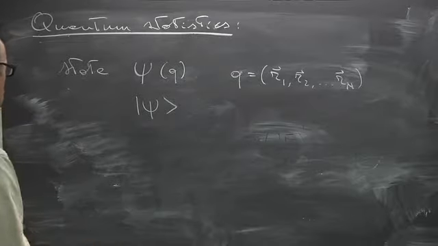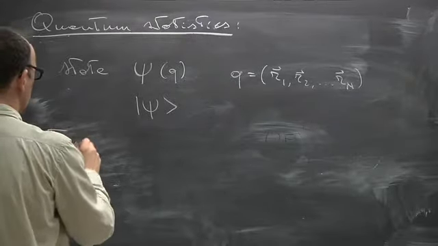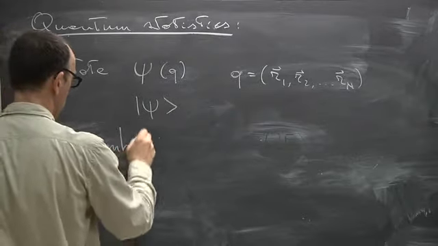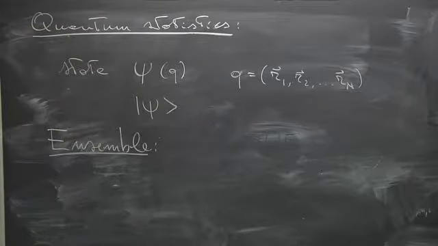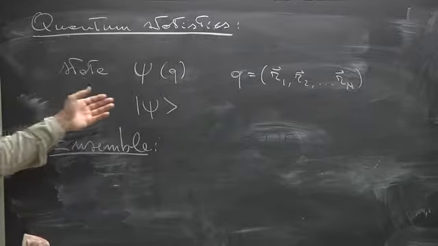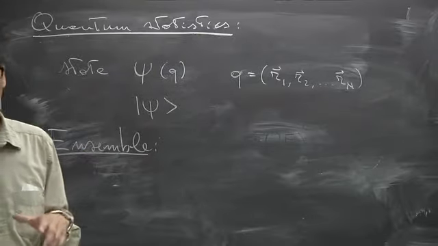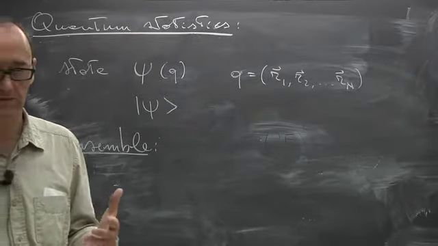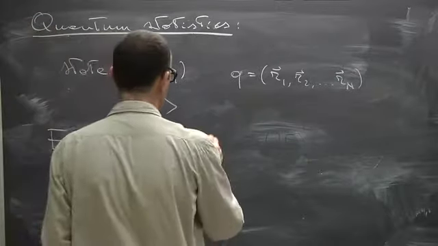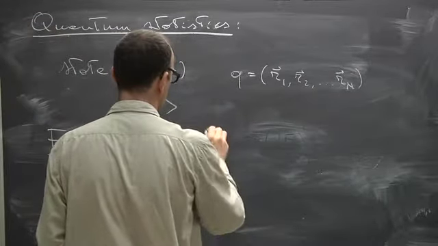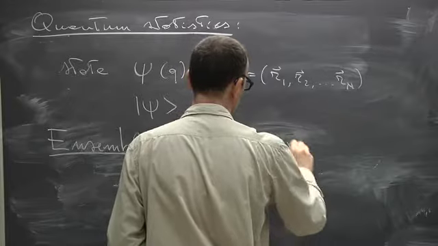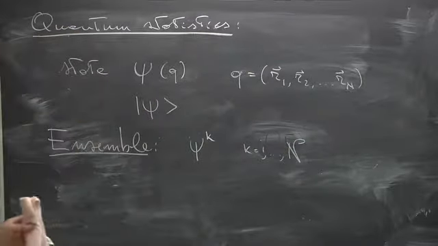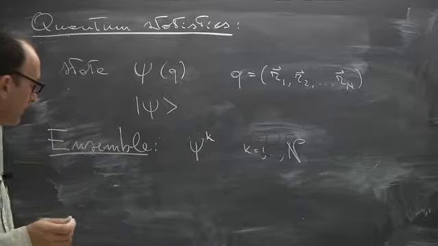So what we have to do is to introduce the notion of ensemble. And in the quantum case, since each state is described by a wave function, an ensemble will be a collection of wave functions psi_k, where k will go from 1 to this curly N, which is in principle infinite.